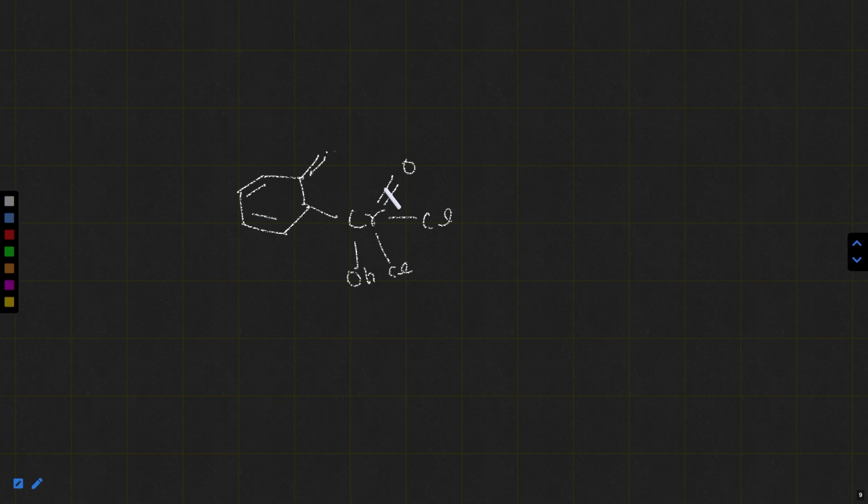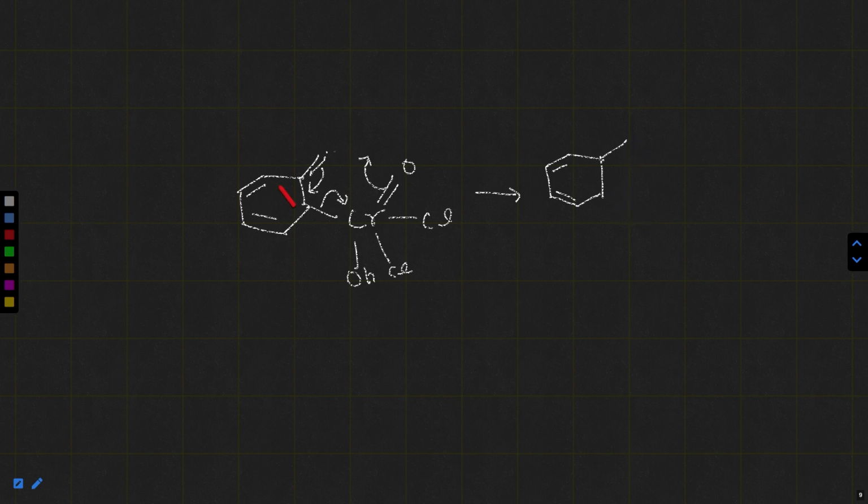Now what will happen? This thing will move here, this bond will go here, and this will be going here. So this is the concerted mechanism. If you draw the intermediate, or I would say transition state, that would be a more appropriate word. So the transition state looks like this.